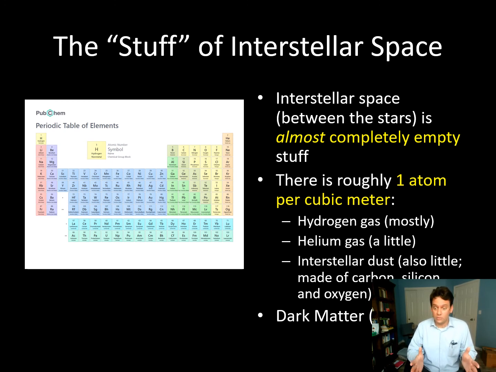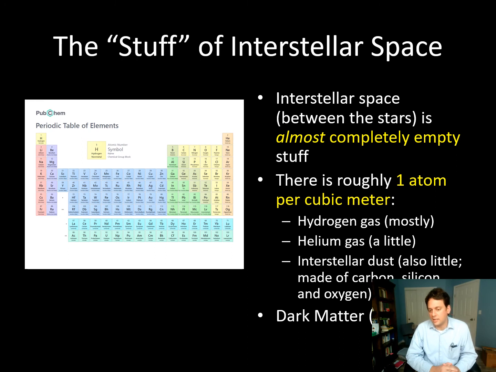What is that something? It's mostly hydrogen. I mentioned that it's much easier to form small stuff than large stuff, and so we tend to have a lot more small stuff in the universe. Hydrogen is the smallest, lightest element, and the vast majority of what you find in interstellar space is hydrogen. You'll also find a little bit of helium, and then you'll find small amounts of interstellar what we call dust.